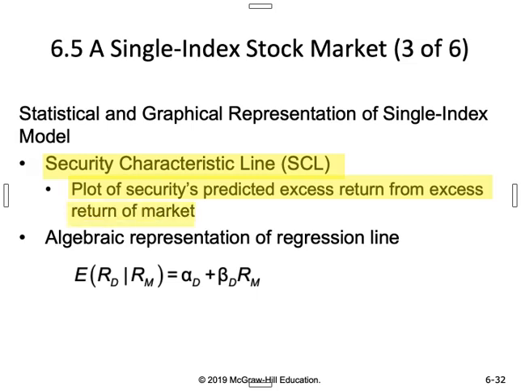So the stock market has an excess return over T-bills or the risk-free, and if a security returns more than the market, then that is an excess return over the market returns, and that can be plotted with the security characteristic line.